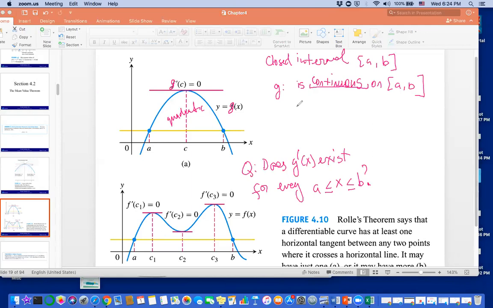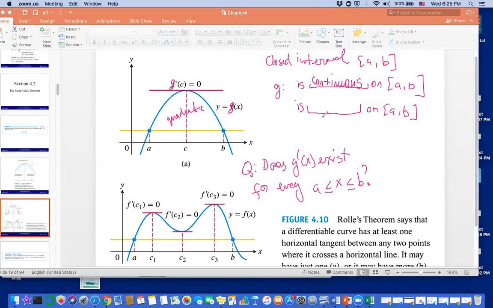So what does that mean in terms of the function? How do we call functions which have derivatives at every point of an interval? What should I put here? You can speak or write into the chat. When the derivative exists at every point of the interval, we say that the function is something on the entire interval.